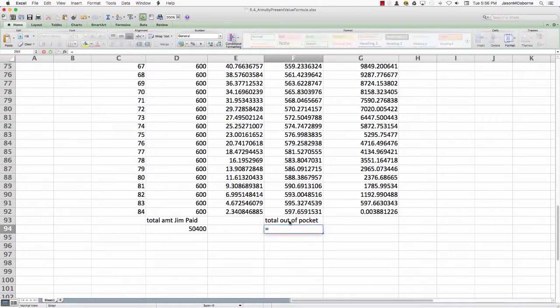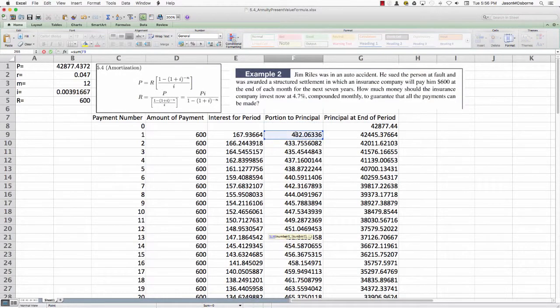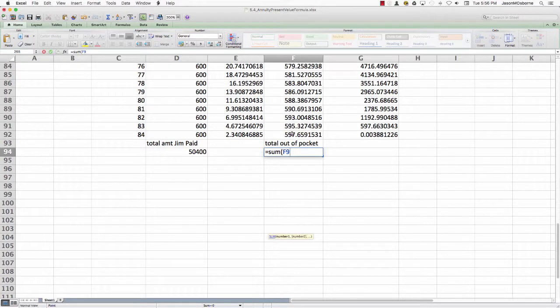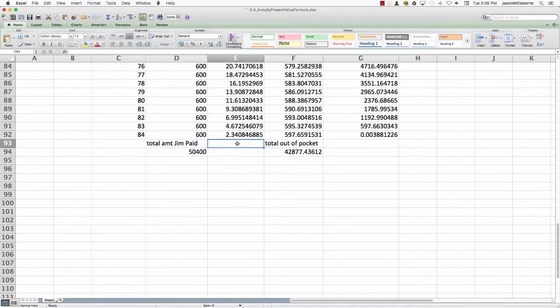Okay. Well, you just need to add up. Let's add up this column. Let's add up the amount that they had to come up with to this amount. This should be a colon here. They had to come up with the 42,877 of the 50,000, and the rest, this was the amount that they got for free, in a sense, from interest.